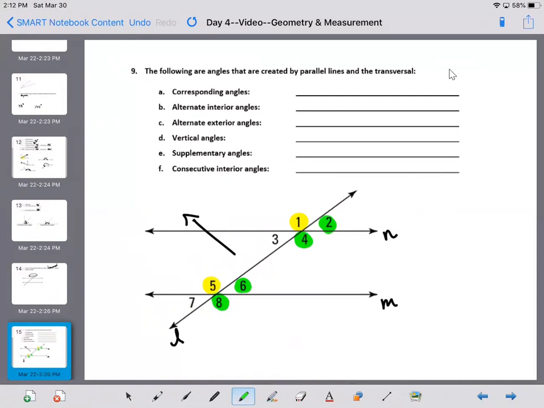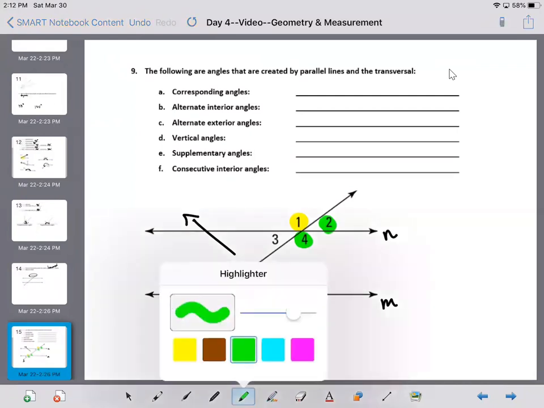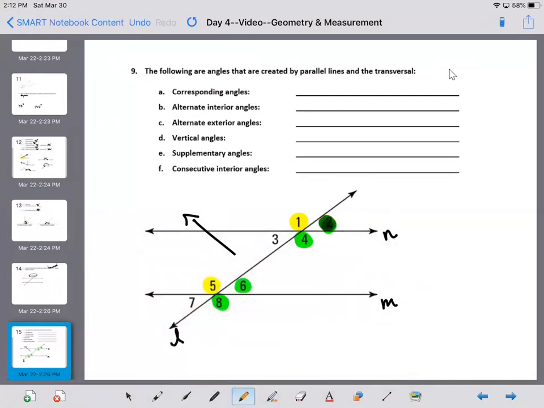Now 2 and 6 are both what type of angles? They're acute angles, and they're also in the same position. So 2 and 6 are corresponding, and they're acute. 4 and 8 are in the same position, and they're both obtuse.